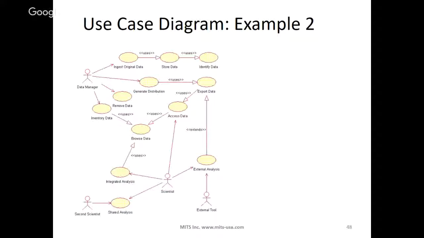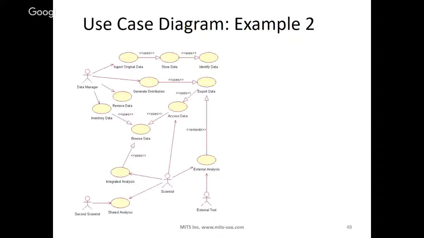This is going to use browse data. If we're going to export the data, then I'm going to use access data, which also uses browse data. Some scientist person here is going to be doing some integrated analysis, which will also involve browse data. So this idea of uses just means that one use case can trigger execution of another use case.